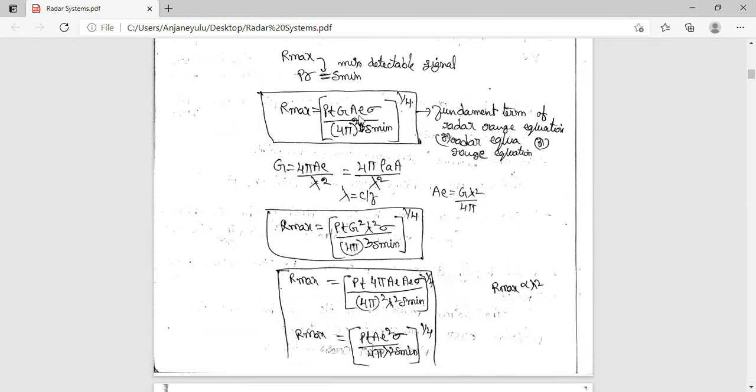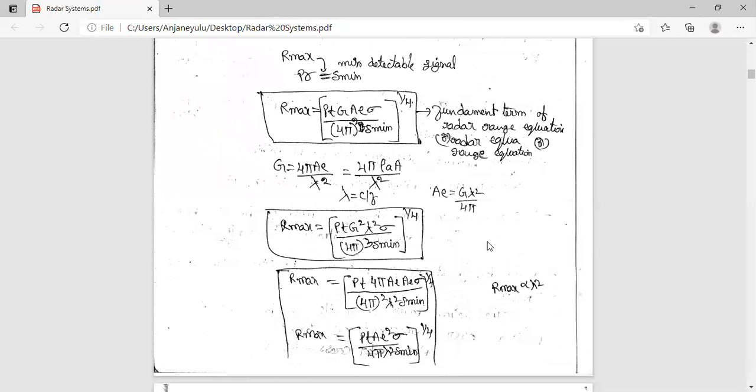In place of A_e, we substituted G into lambda squared by 4 pi, so we get G squared by 4 pi cubed. Already 4 pi squared is there, into 4 pi, so 4 pi whole cubed into lambda squared sigma by S minimum. So in place of A_e, if you substitute G into lambda squared by 4 pi, we get this R maximum equation.